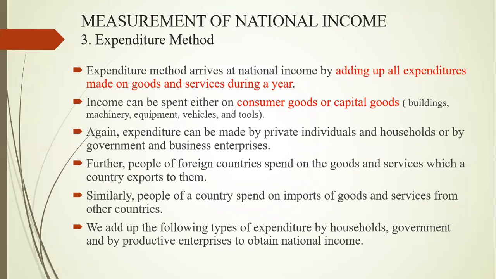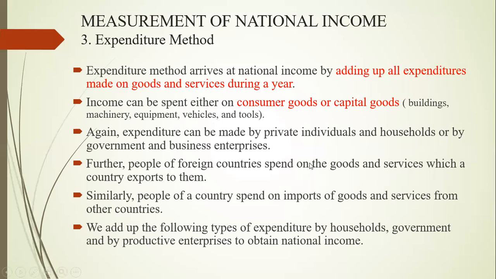Expenditure can be made by private individuals and households, or by the government and business enterprises. When we were discussing the circular flow of money, all these four sectors play an important role, and they do expenditure for consuming goods and services.